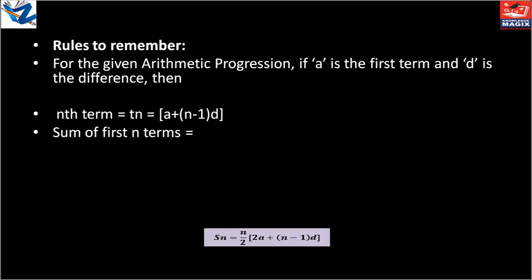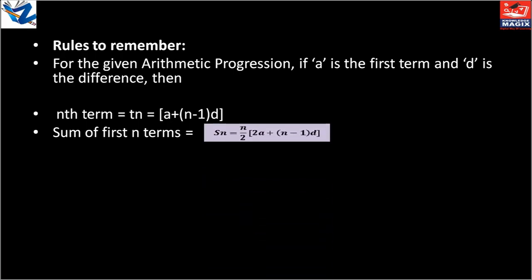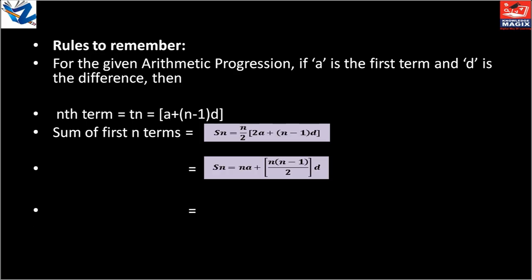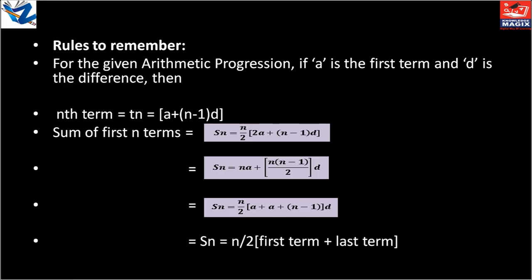Sum of first n terms, Sn is equal to n upon 2 into 2a plus n minus 1 into d, is equal to na plus n into n minus 1 upon 2 into d. Sn is equal to n upon 2 into a plus n minus 1 into d, is equal to n upon 2 into first term plus last term.